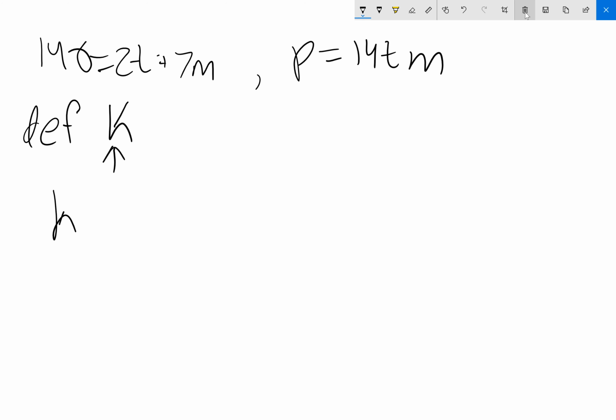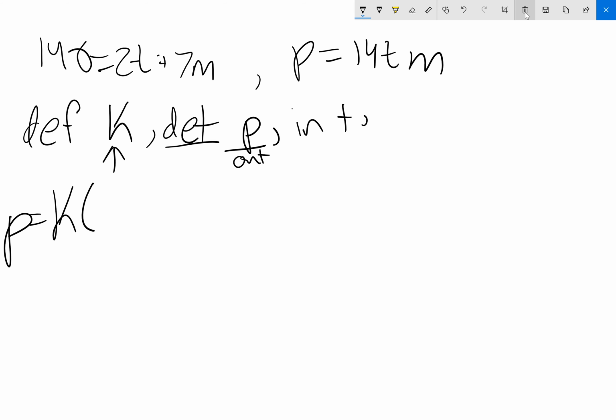So it's going to be k something that determines p. It determines our output. So our function is going to output p in terms of input t.